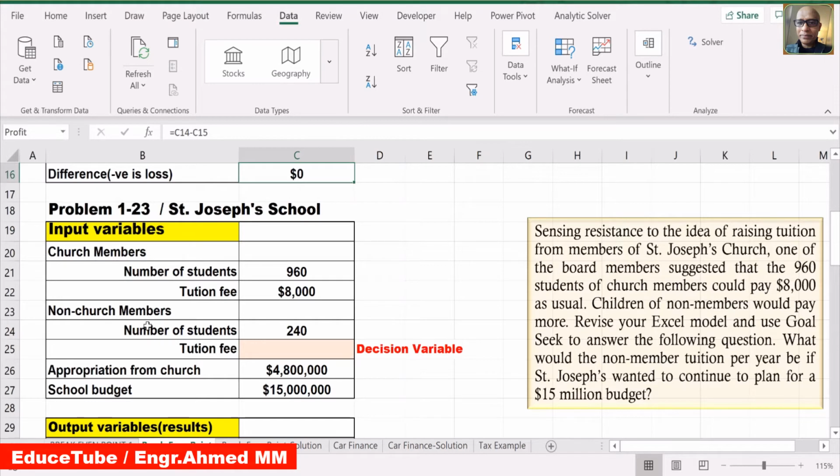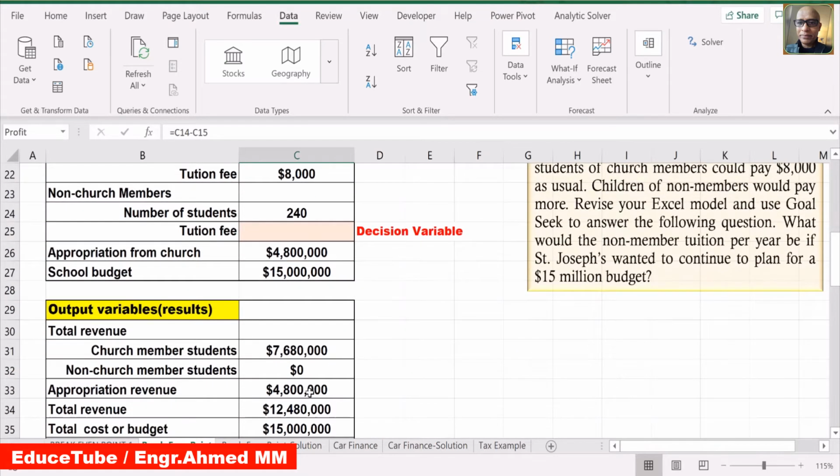So non-members, number of students 240. They can pay more, that is why it is empty; we don't know how much it is. So for this problem, this is our decision variable. All other things, appropriation from the church and school budget, will be as they are.